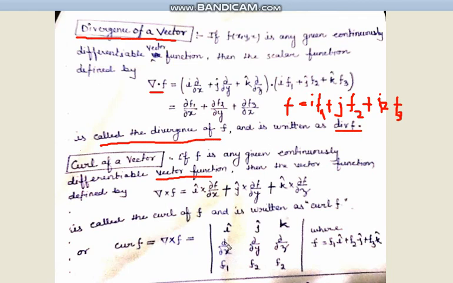The del operator coefficients are ∂/∂x, ∂/∂y, ∂/∂z, and for F, because F is f1 i + f2 j + f3 k, its components are f1, f2, f3. So we will find its cross product, and whatever the value of the determinant of this matrix is, it will be the curl of F.